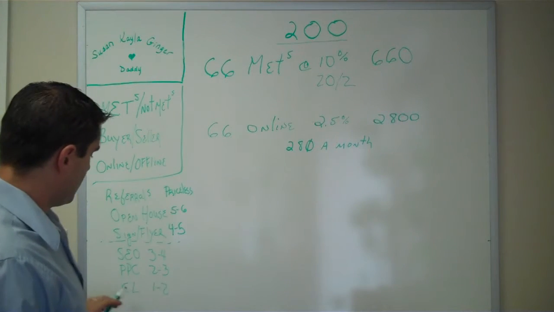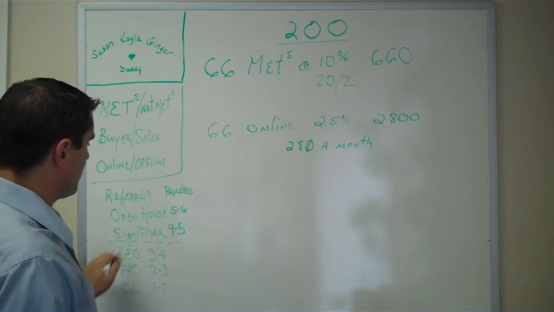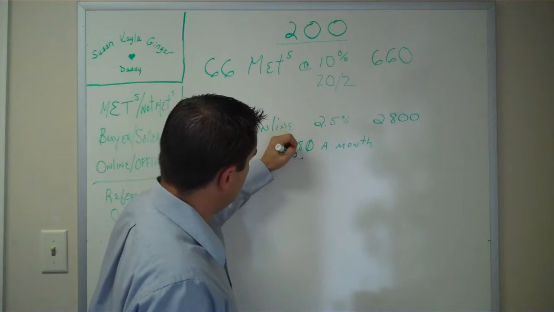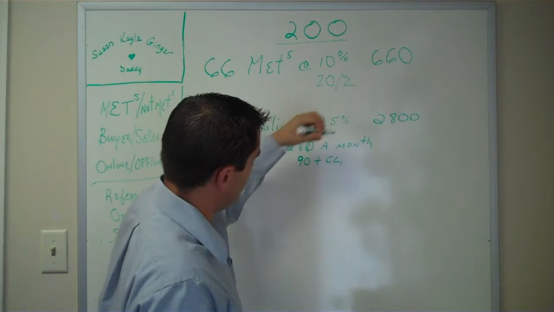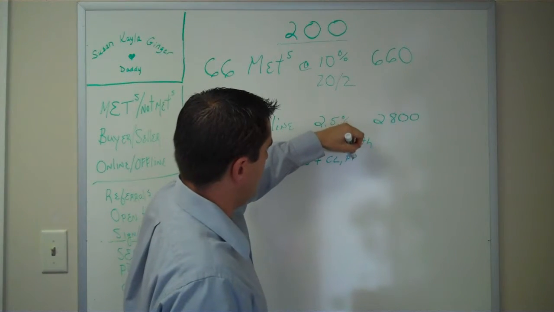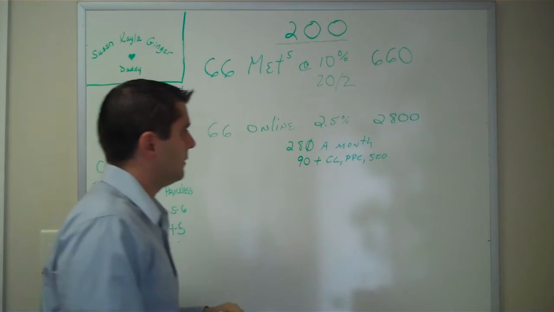And then from there, if you split them up, a third Craigslist, a third pay-per-click, and a third SEO, it's about 90 plus leads from Craigslist a month. So it's basically 3 a day from Craigslist, 3 a day from pay-per-click, 3 a day from SEO.